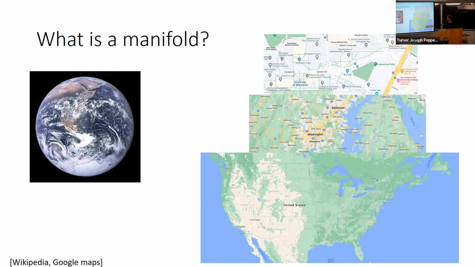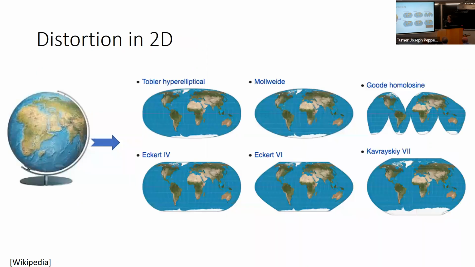We have geodesics. And when we want to now visualize the Earth in 2 dimensions and flatten it out into an atlas, then there are different distortions that we incur due to this flattening of the Earth. And this is what cartographers need to deal with, and they need to decide what kind of distortions they are creating by visualizing the Earth in 2 dimensions.